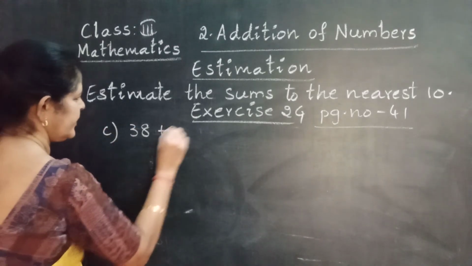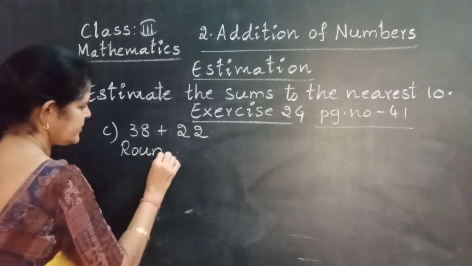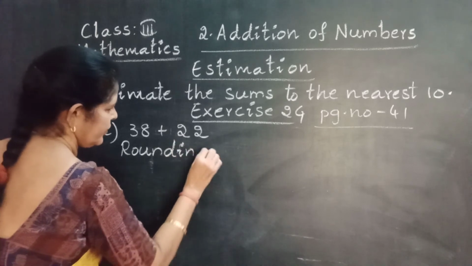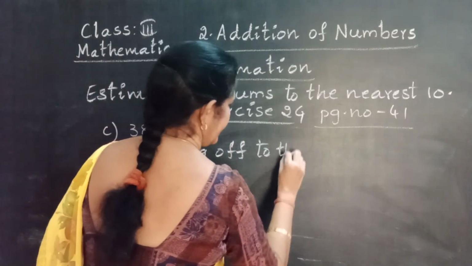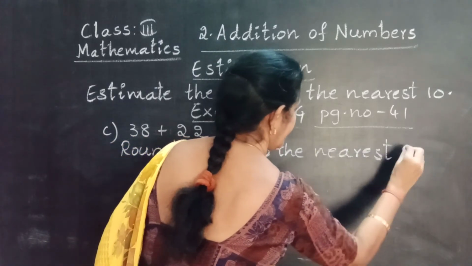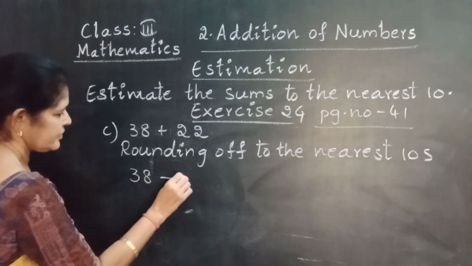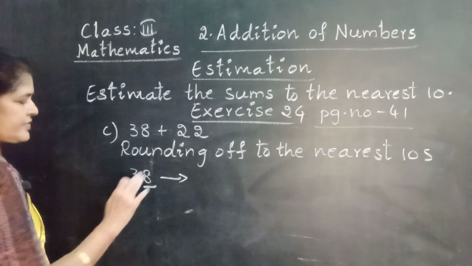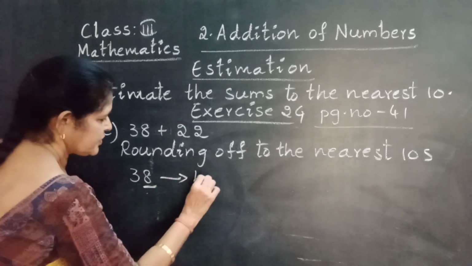38 plus 22. Rounding off the numbers to the nearest tens. This is going to find out the estimated sum. Write first number 38. 8 is in the ones place. 8 is more than 5. Then 3 becomes 4.